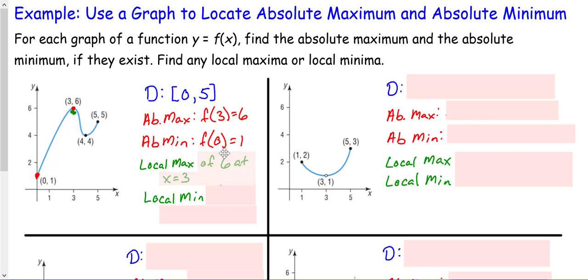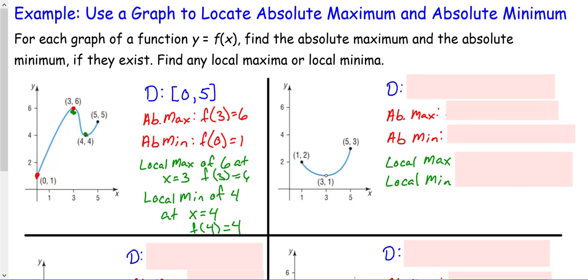And that's the same thing as what we wrote before, where we had f of 3 equals 6. Okay? And we can see there is a local minimum of 4 when x equals 4. And same thing, we could also write this as f of 4 equals 4.